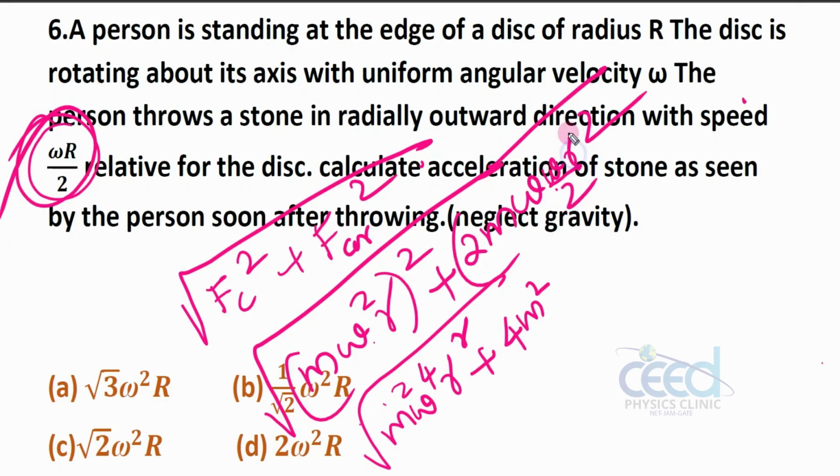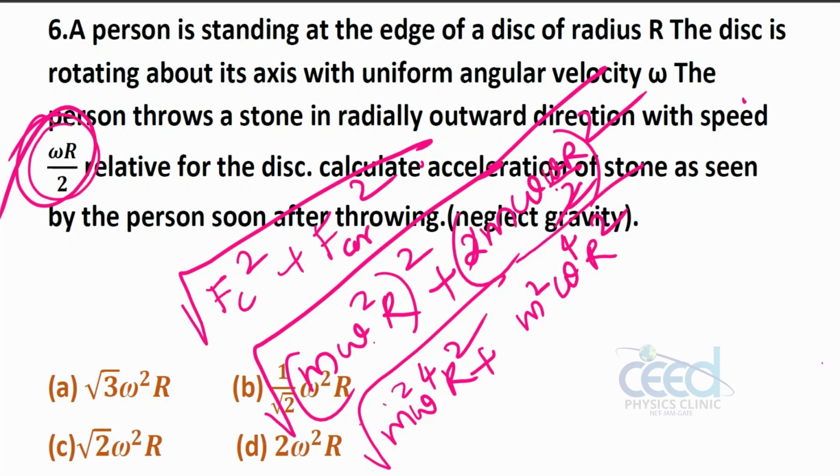I can use capital R here, so this is R square, 4m square omega r by 2 the whole square. Then this 2 cancels, so I can say m square omega square, r square, that is m square omega square whole square, that is omega raised to 4 r square.